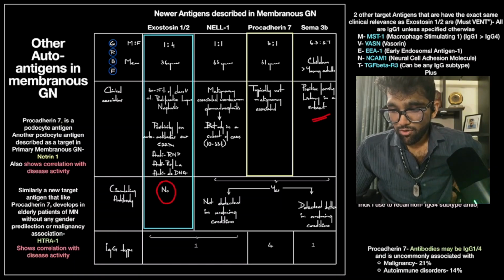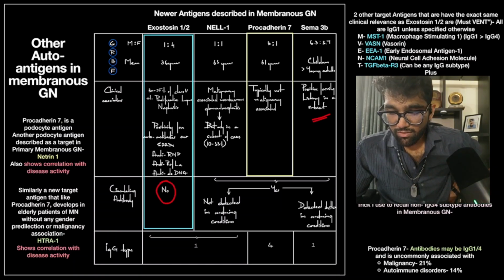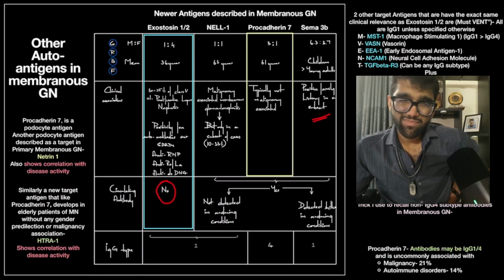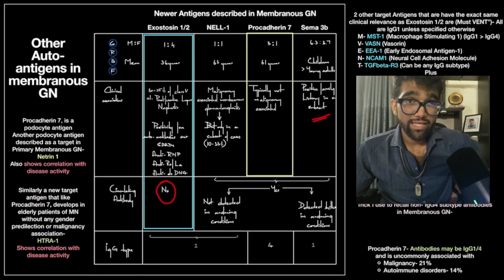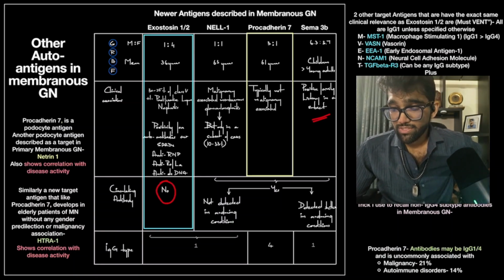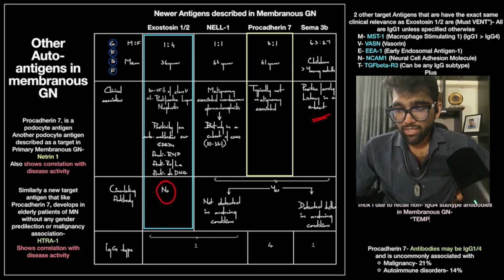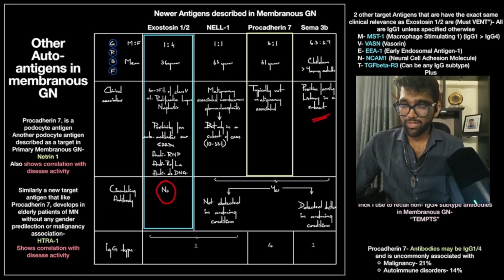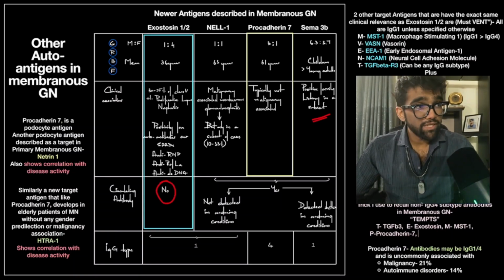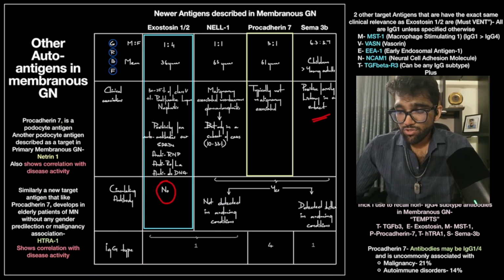Okay. Now, of this, it is sometimes difficult to remember which are the IgG4 antibodies and which are the non-IgG4 subtype antibodies in membranous GN. So I use the mnemonic TEMPTS. Okay, it tempts you to remember. So T stands for TGF beta receptor 1. E stands for exostosin 1 and 2.